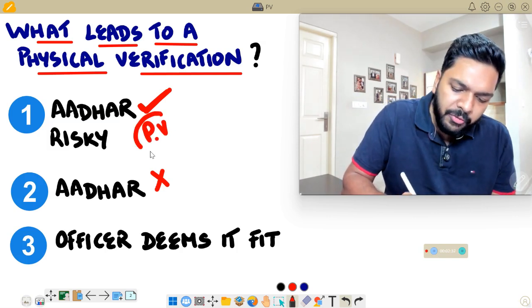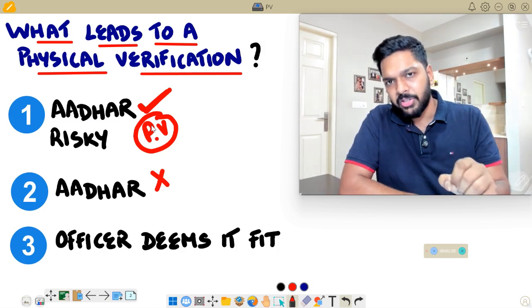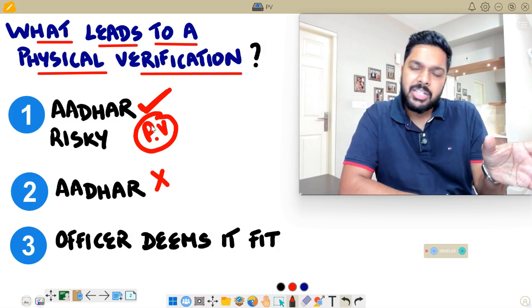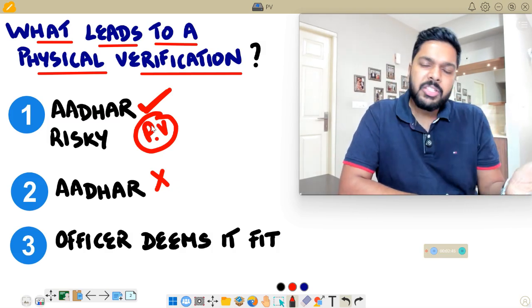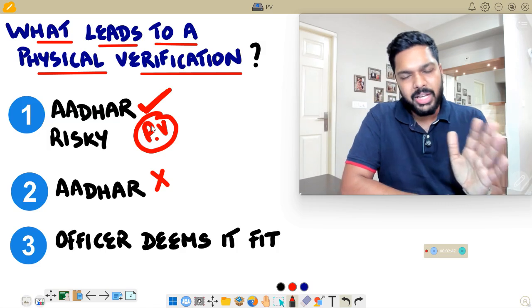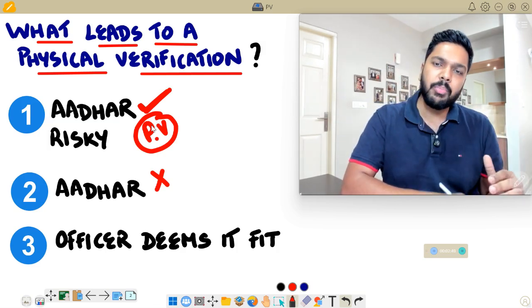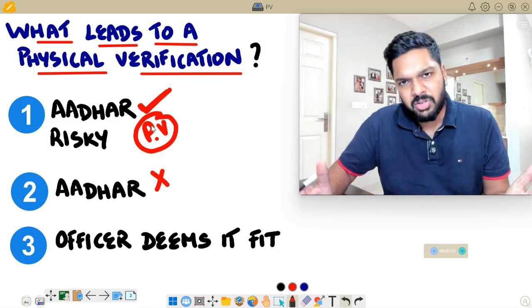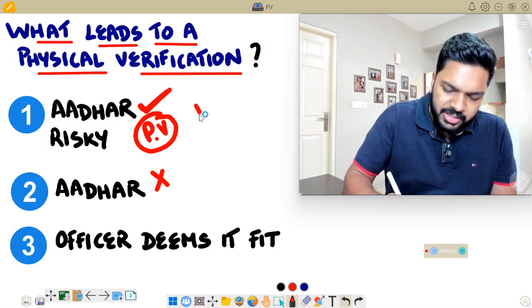So even if you pass the stage of Aadhaar authentication, because you have a risky profile tagged by the GST portal, the GST officer will call for a physical verification, and only once that is complete will you be granted a final registration number or the final registration be approved. This is the first instance.